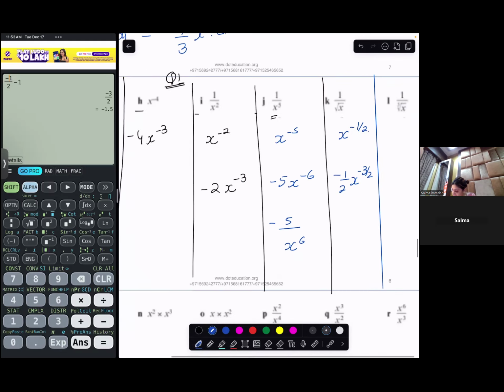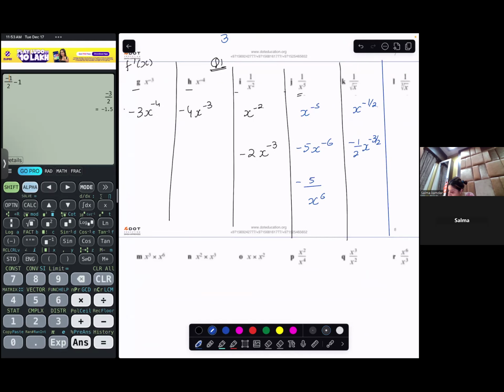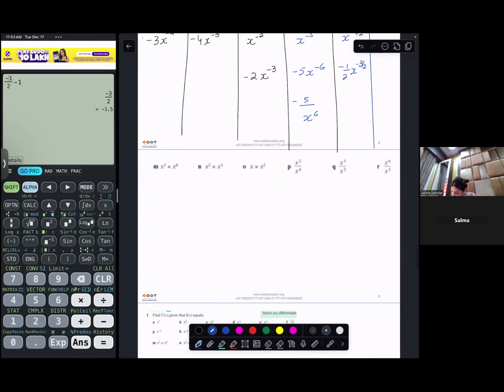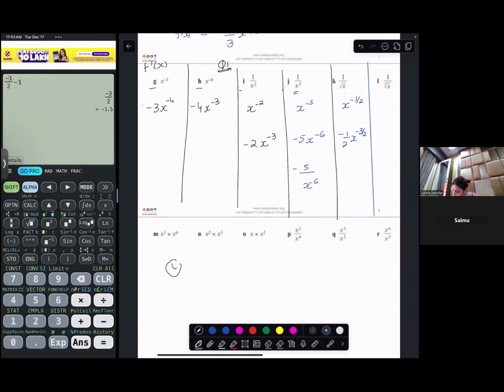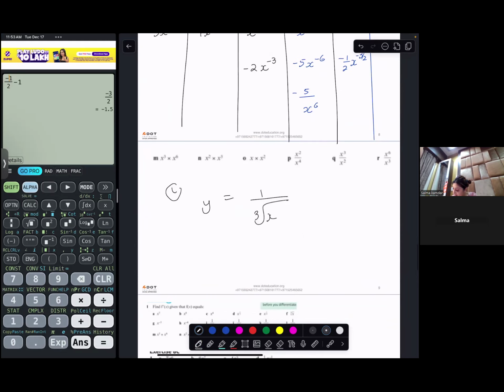Now this one, the L one, I'll just do this L one over here. y is 1 by cube root of x. It is nothing but 1 by x raised to, root of x is half, cube root is 1 by 3. Okay.